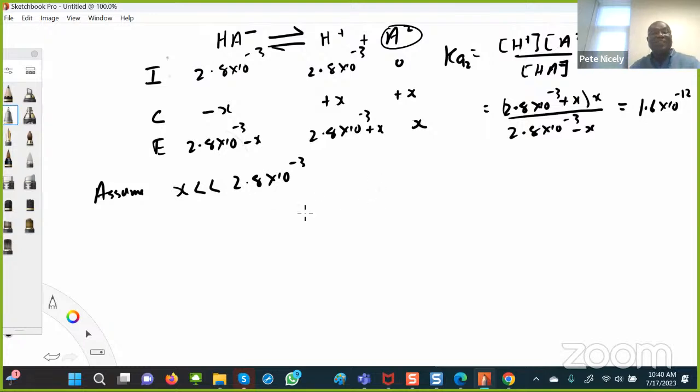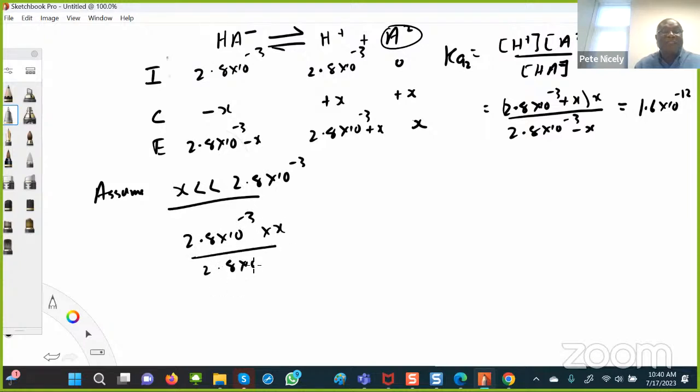As a result, this equation simplifies to 2.8 times 10 to the minus 3 times X divided by 2.8 times 10 to the minus 3 equal to 1.6 times 10 to the minus 12. This cancels with this, so you end up with X being equal to 1.6 times 10 to the minus 12.